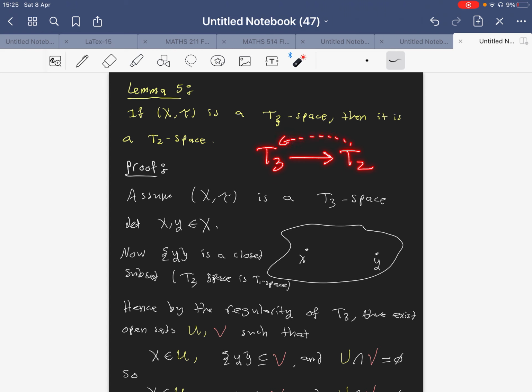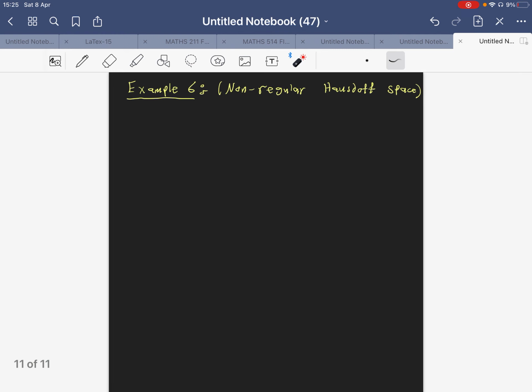If we have T2, is there a space which is T2 but not T3? Or are they the same, equivalent? The answer, as expected, is no. We will have a Hausdorff space which is not regular.